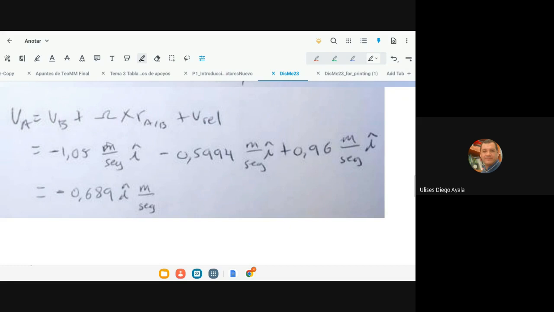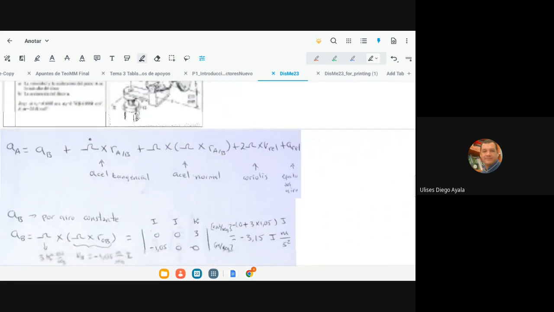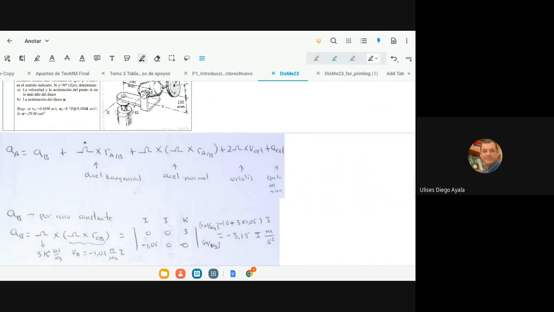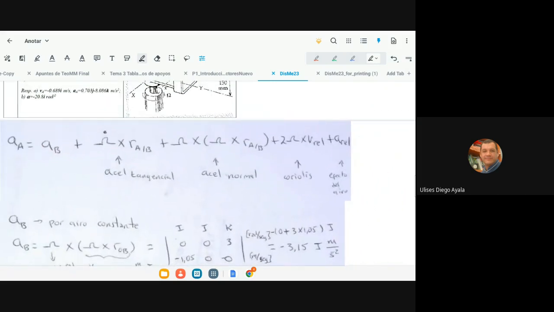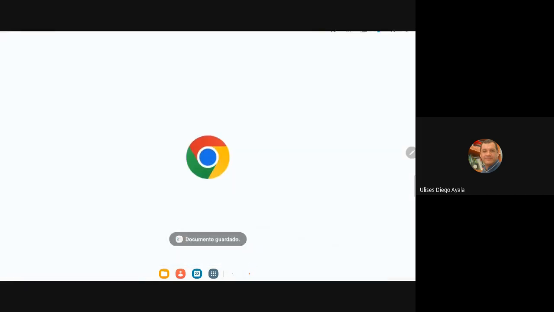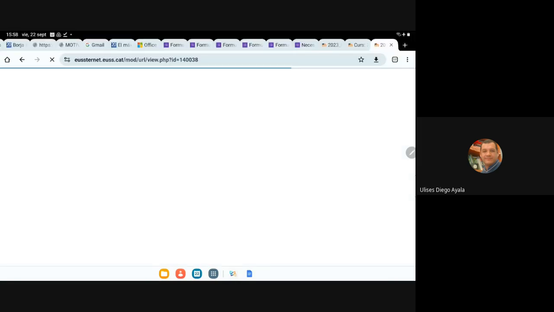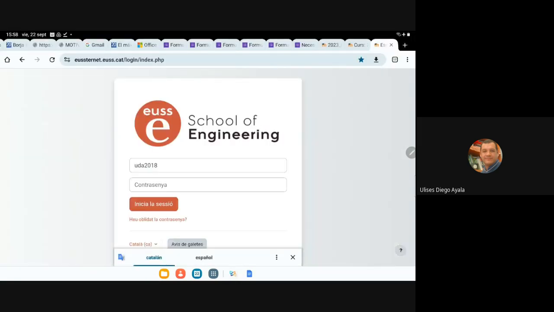Okay. In the case of the acceleration, which is slightly more complex, it's similar. In the acceleration, we add Coriolis in this case.